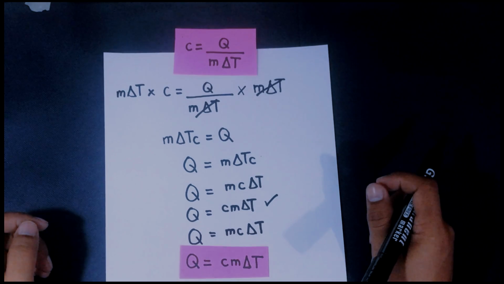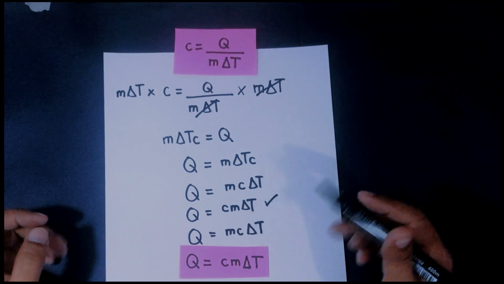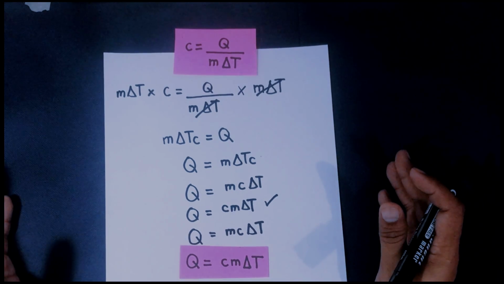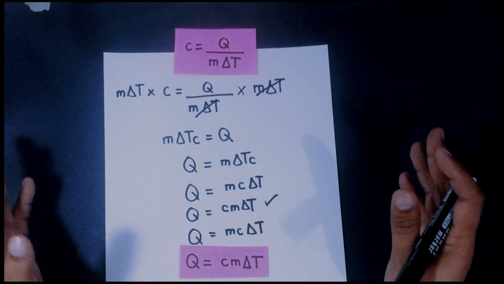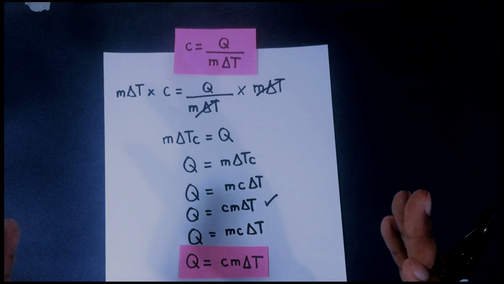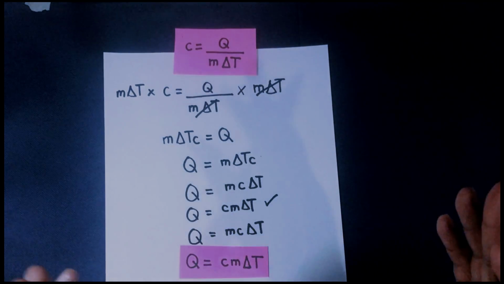On the next part of the video, we will now apply this formula to solve the problem that I mentioned a while ago, wherein we want to know how much heat we need to add or remove in order to change the mass of a substance to a specific temperature.